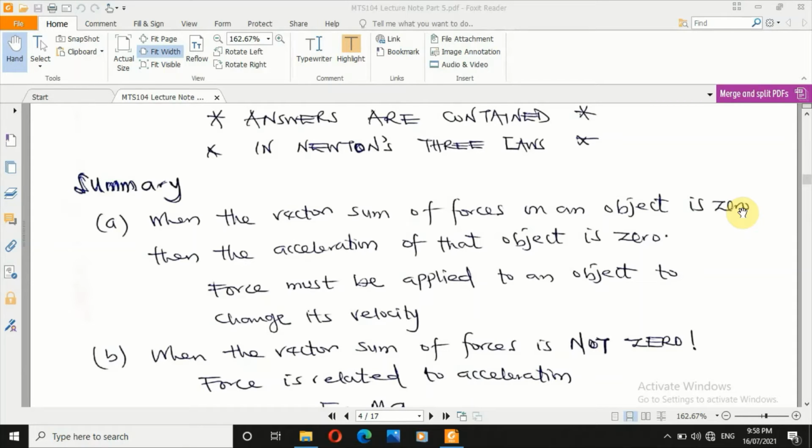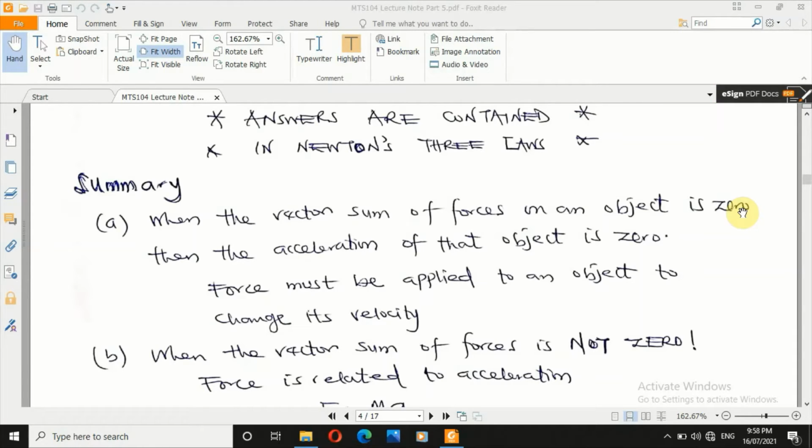Now, from here, you see that I've mentioned 2 points: forces and acceleration. One thing is that if the force is 0, then the acceleration will also be 0. Now, what does it mean from here? It means that force must be applied to an object to change its velocity. Without force, the velocity will be the same.